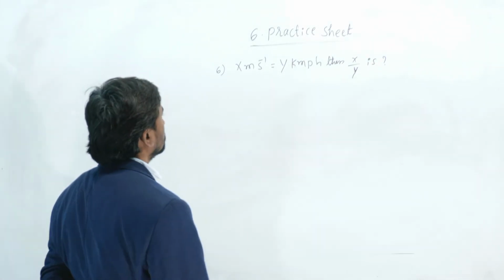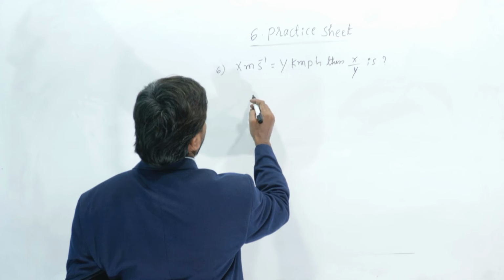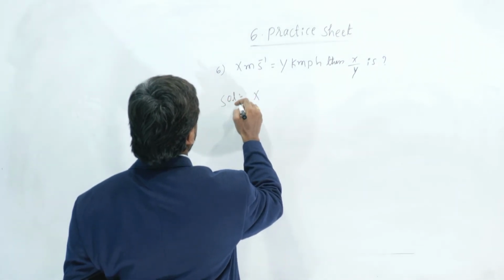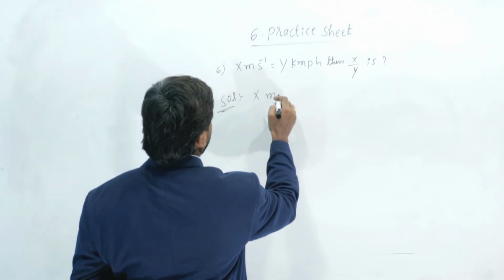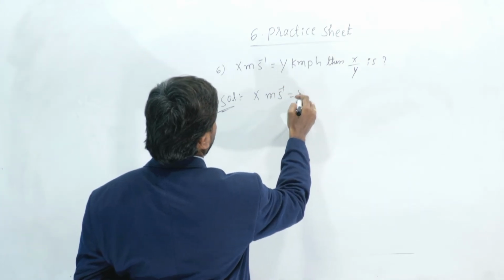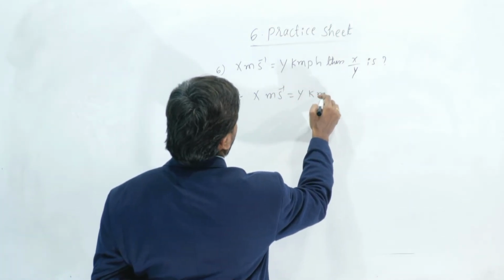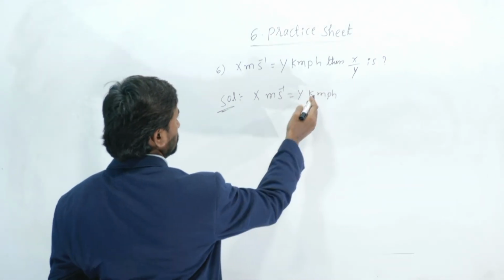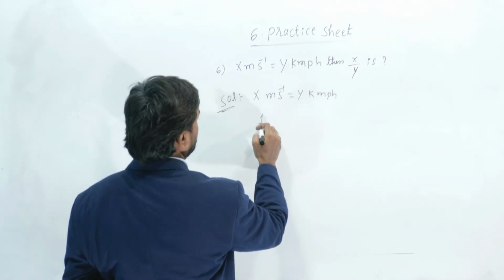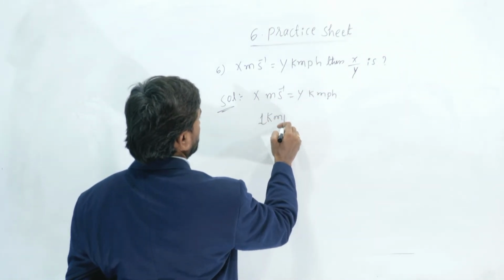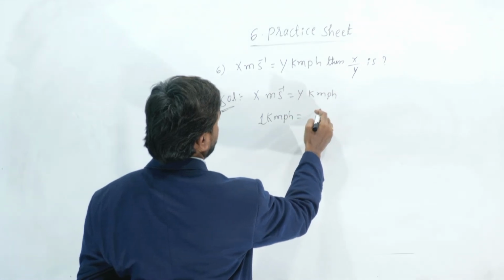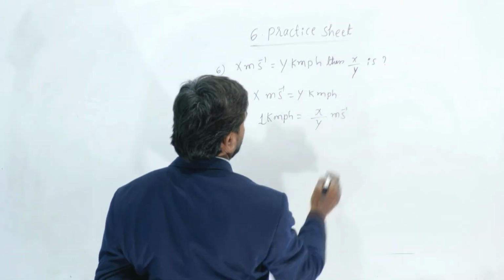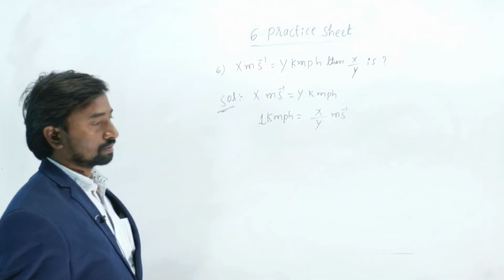So here they are asking x by y, no? The given here is x meter per second is equal to y kilometer per hour. So if we send this y this side, it will become 1 kilometer per hour is equal to x by y meter per second, we can write now.